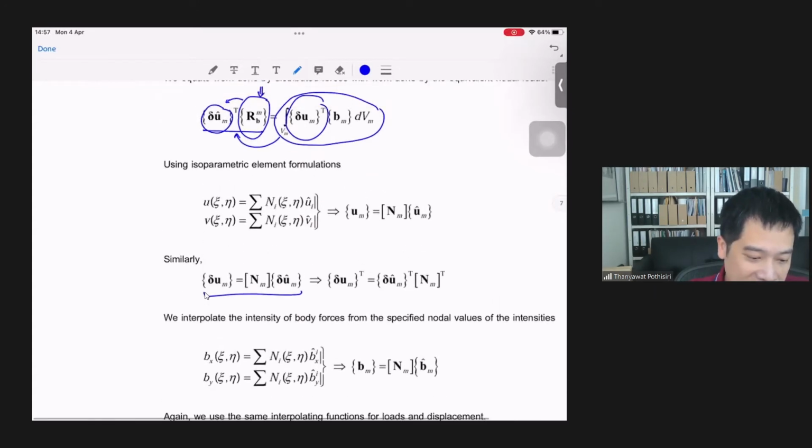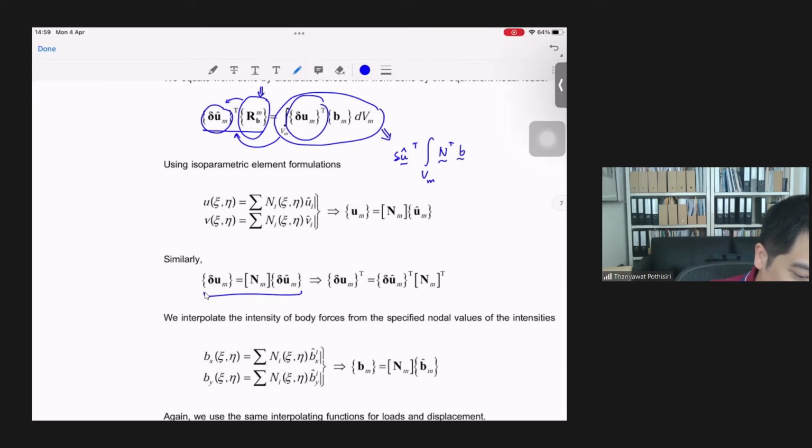So if you do that, then you can convert this as delta u transpose multiplied with N transpose times b. So this part just comes from this approximation right here.